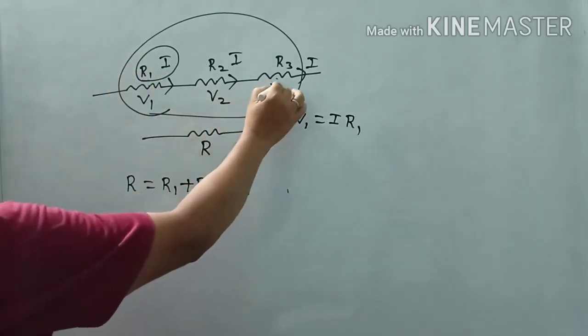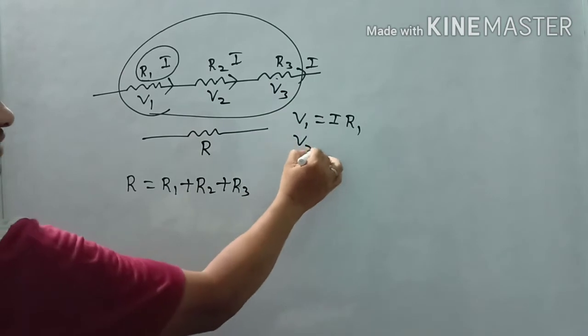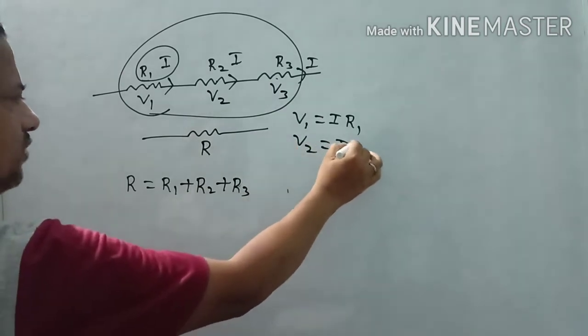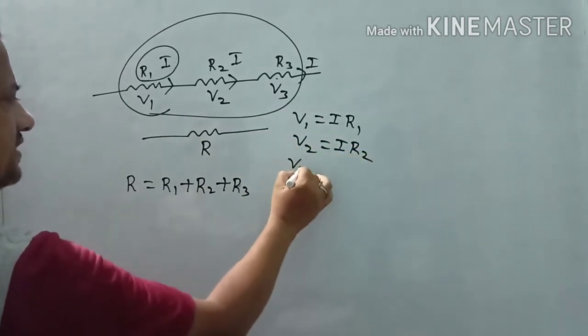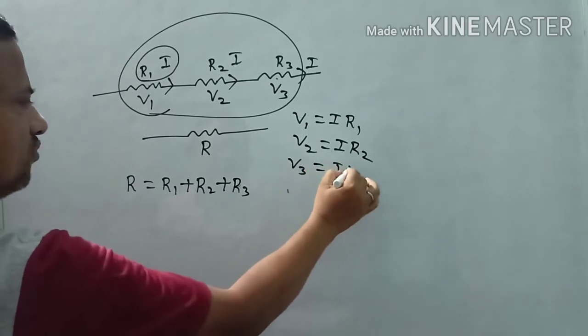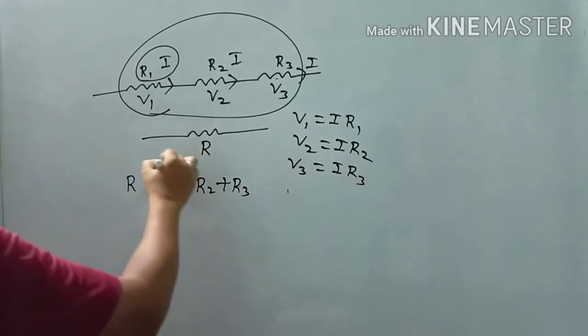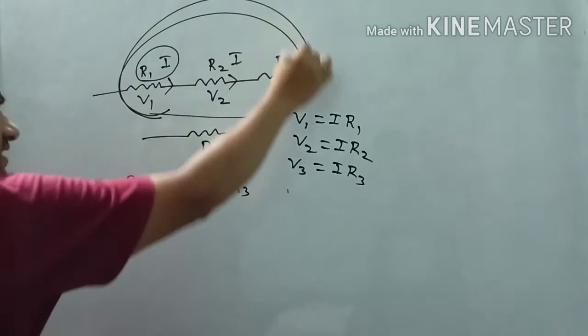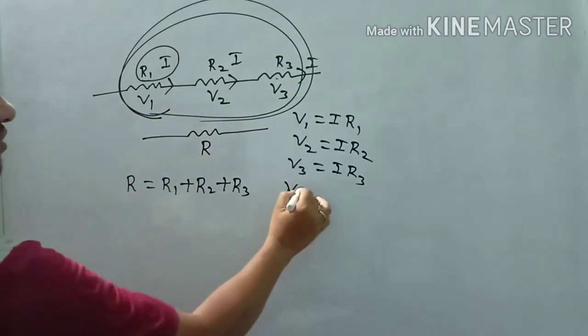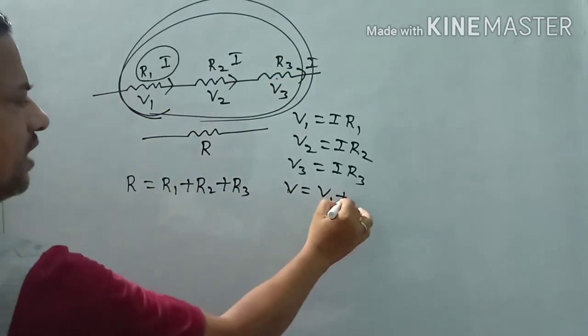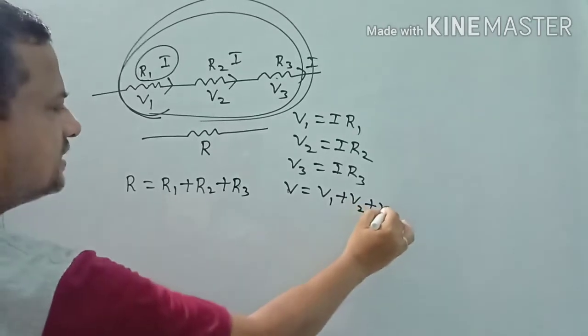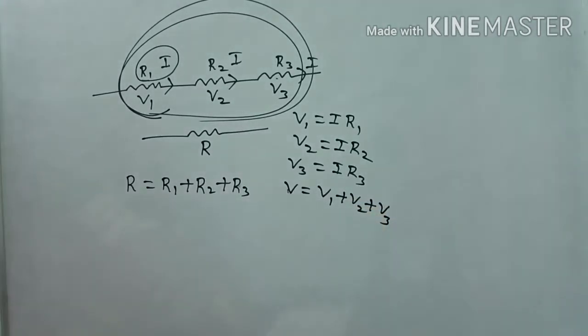Similarly V2 is equal to I into R2, V3 is equal to I into R3, and total voltage given to this circuit V is equal to V1 plus V2 plus V3. So this is the case of series combination.